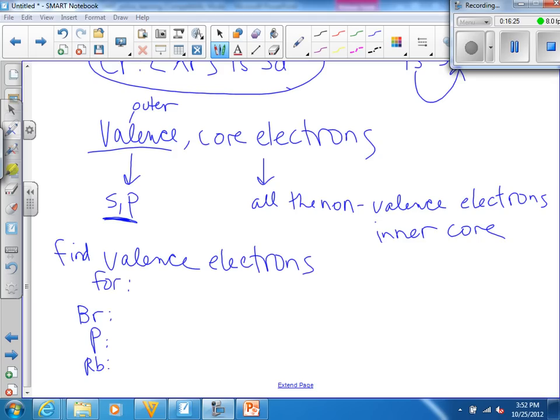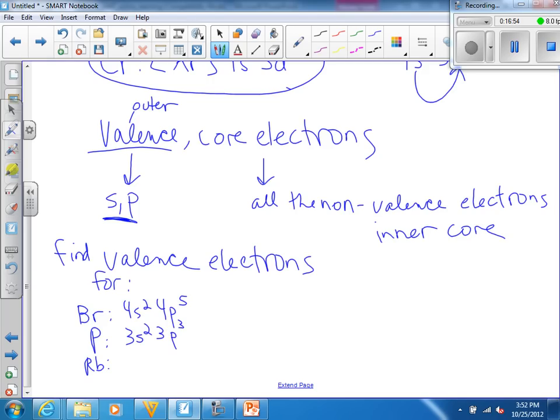Okay, let's do valence electrons for bromine, phosphorus, and rubidium. You really need your periodic table here. Bromine's in the 4th shell. It's number 35. And it would have 4s2, 4p5. Phosphorus lands in the 3rd shell. It's number 15. And hopefully you can do this along with me. We would have 3s2, 3p3.